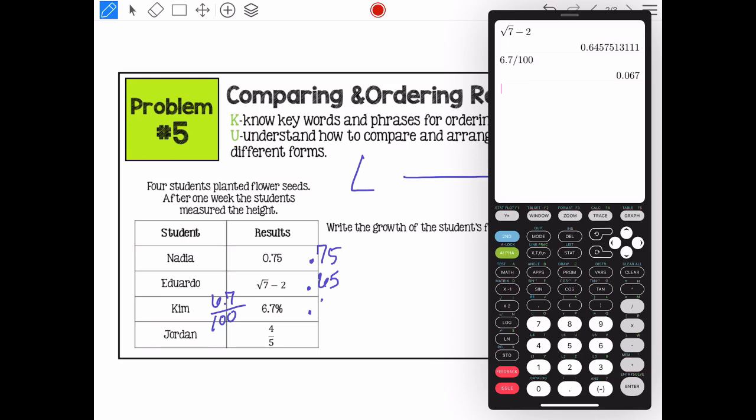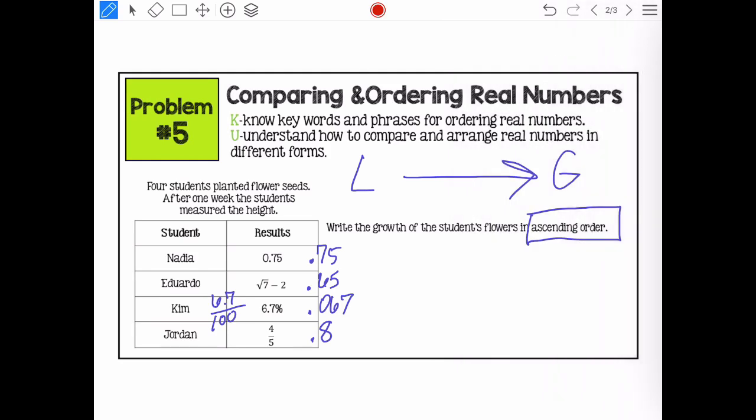And we get 67 hundredths. And again, we could have read that the same way. And last but not least, 4/5, that's a benchmark fraction. But again, if you're unsure, put in the calculator 4 divided by 5. We get 8/10.